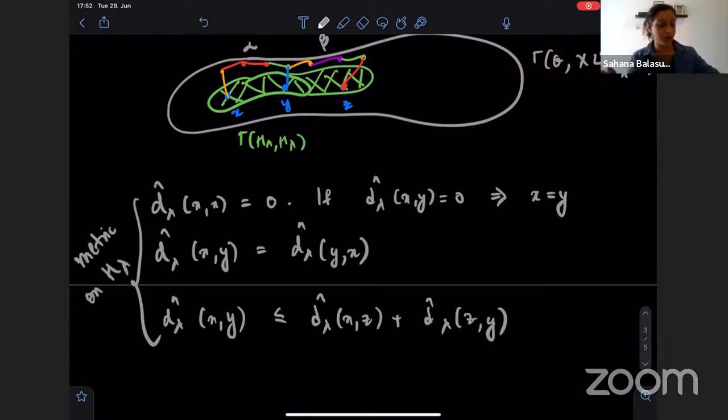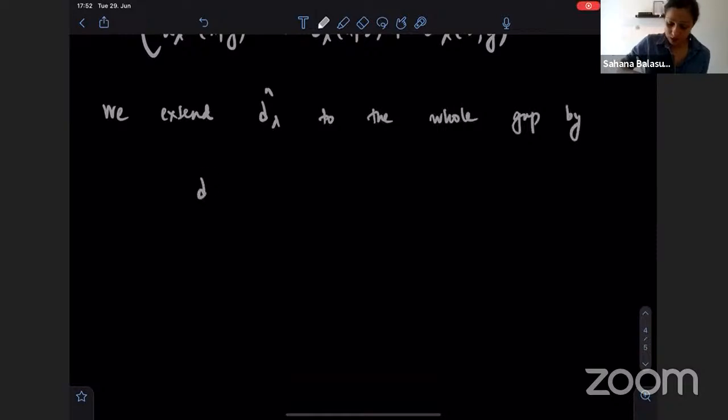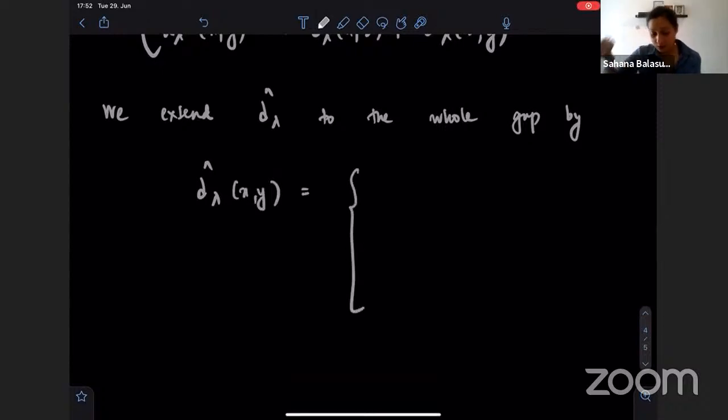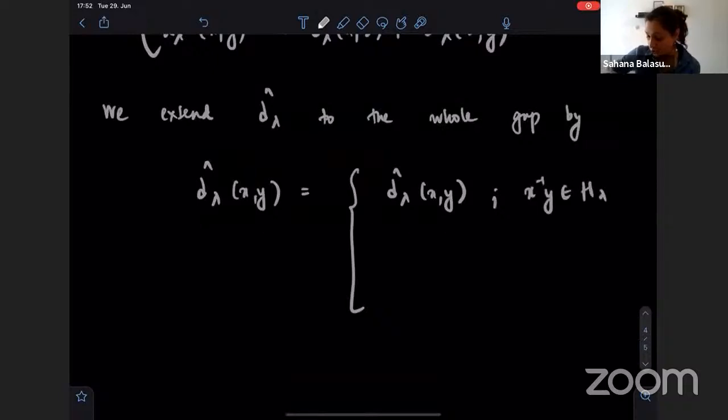But now that you have a metric on your subgroup, you can actually extend this to the whole group. So we extend simply by taking the distance between the two points to be, and I'm going to abuse notation here slightly, this, provided x inverse y belongs to H lambda.